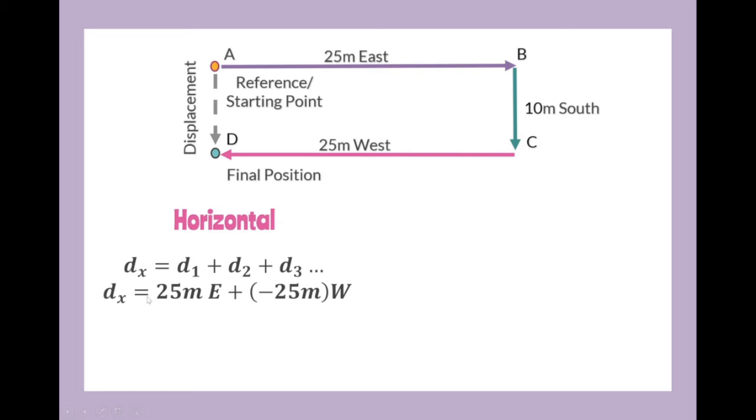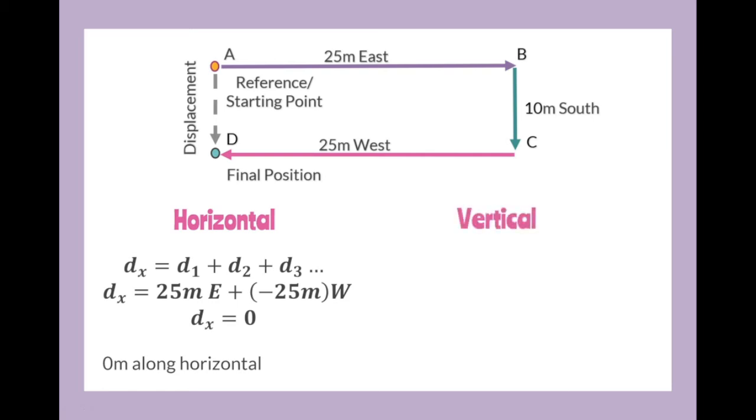Why negative 25 in this part? The direction of the body goes west, therefore we will use negative in the numerical coefficient, and the integers with different signs shall subtract. Therefore, 25 meters east plus negative 25 meters, which is going to the west, is 0. The displacement along horizontal is 0.